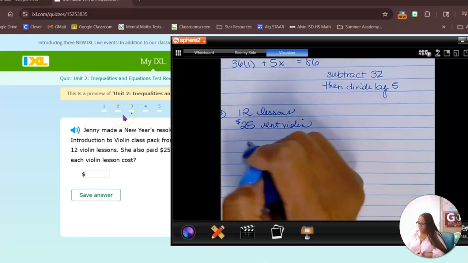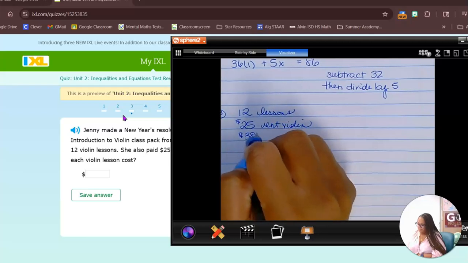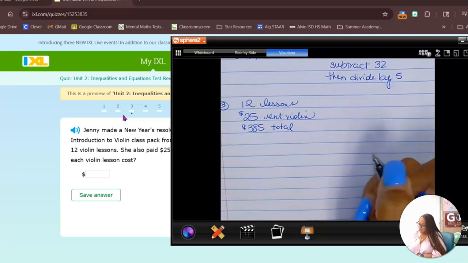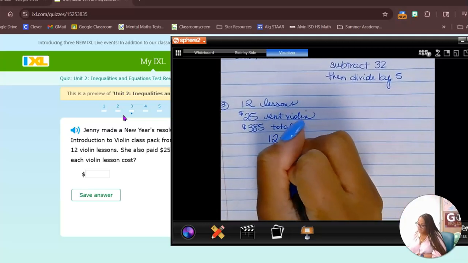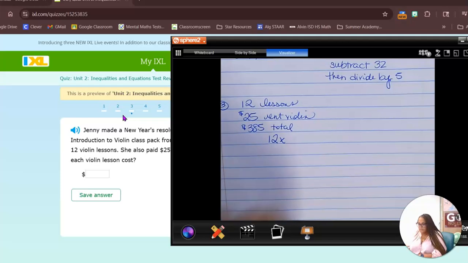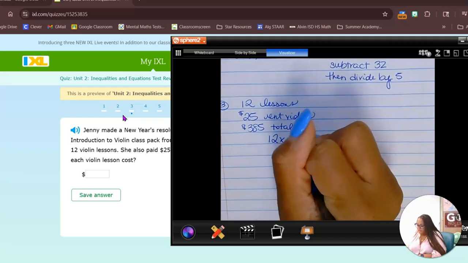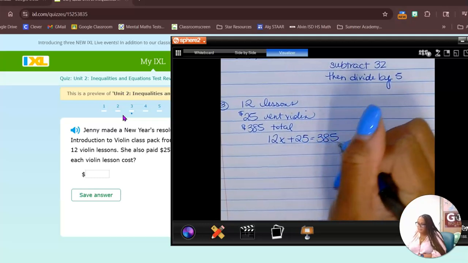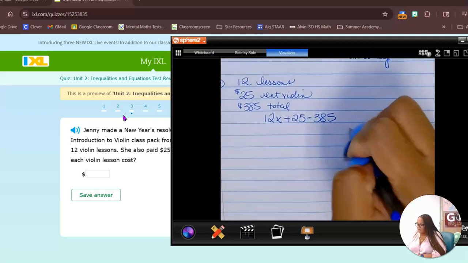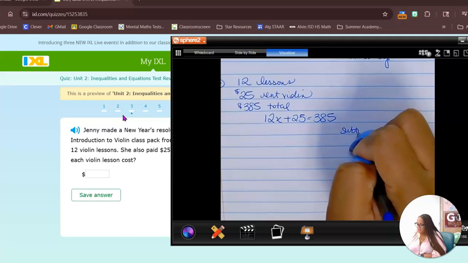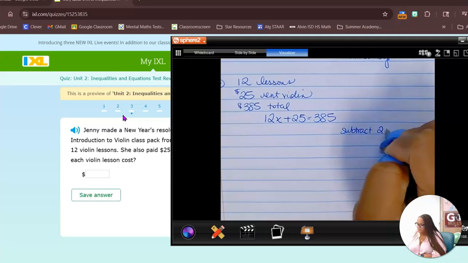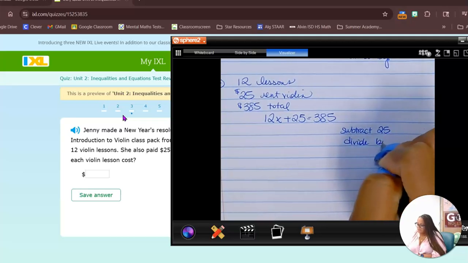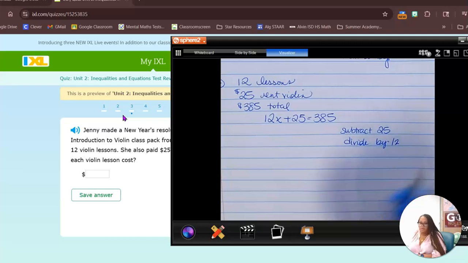So we need to build an equation. So we'll start with 12 lessons. We don't know how much lessons cost, so that's 12x plus 25 equals 385. And then in order to solve, you'll need to subtract 25 from both sides. And then divide by 12 on your side.